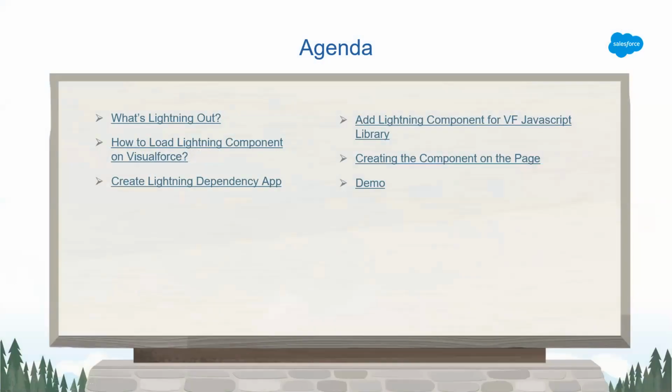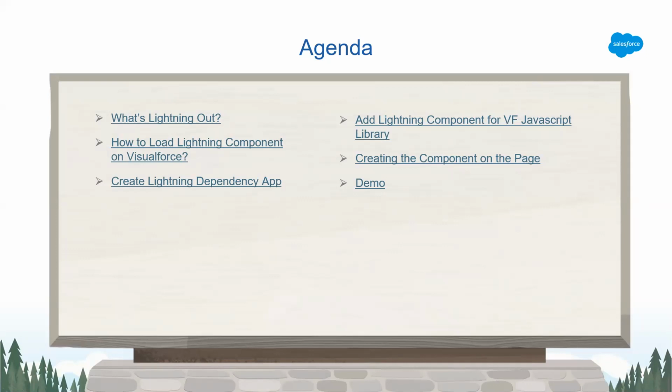So for today's agenda, this is what we are going to cover. We are going to talk about what is Lightning Out, and then we are going to see how we can load Lightning components to a Visualforce page, which has 3 steps: creating a Lightning dependency app, then loading the Lightning Components for Visualforce JavaScript library to your page, and then creating that component on the Visualforce page to display your Lightning component.